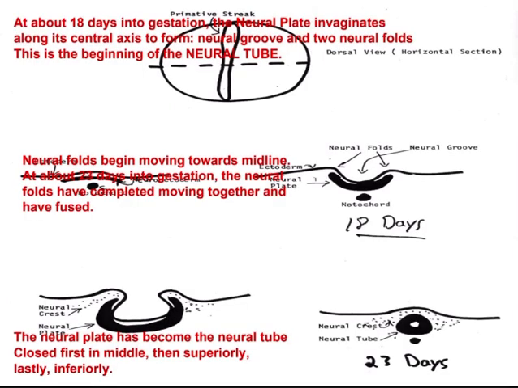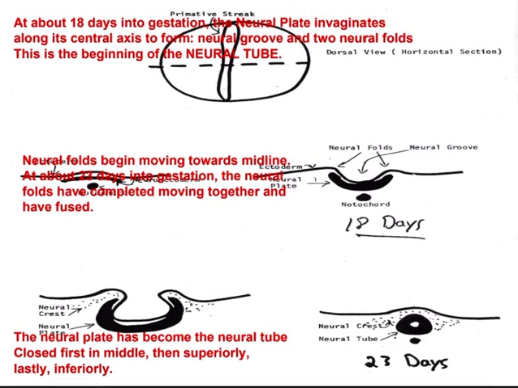It's still difficult here, but this is an explanation. By 18 weeks, same as we discussed, the neural folding by 23 will close together or fuse together. And this is what happens when it's fused together: the neural plate has become the neural tube.